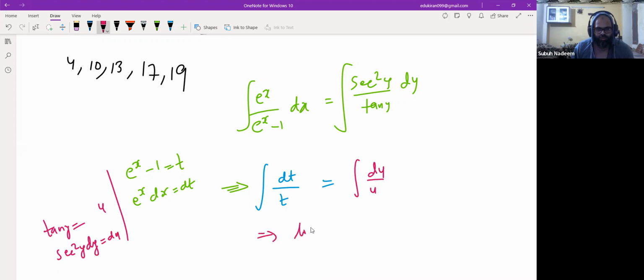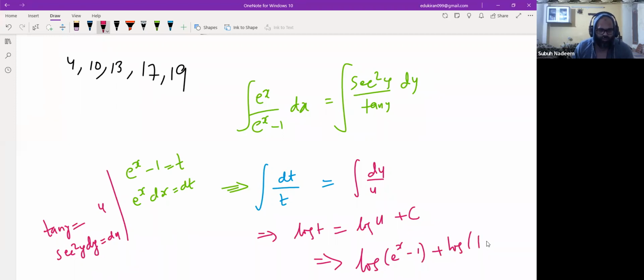So you get log of t is equal to log of u plus the constant of integration, that you should not forget. Log of t is log of e to the power x minus 1, plus log of u is log of tan y, equal to plus c.